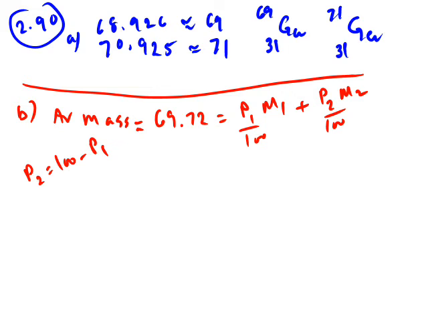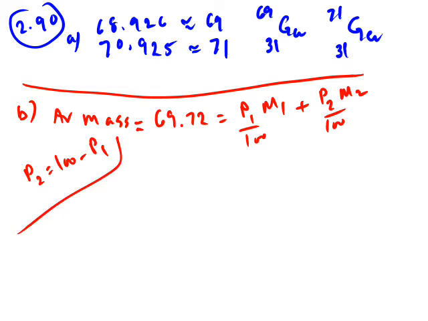How do I get it? 100 minus 50. So the same is the case. If I know that the percent of one is P1, the other has to be 100 minus P1, and they're saying that there are only two isotopes of gallium. Okay, with that in mind, now I can use these values and solve for P1.